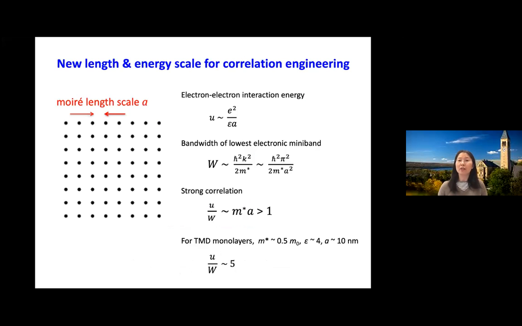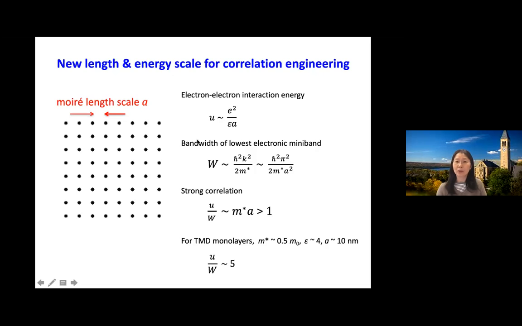The reason why Moire is a very interesting platform to study correlation physics is because it introduces new length and energy scales. On a dimensional analysis level, if we have the Moire lattice period on the order of A, then the interaction energy, not considering strong Moire potential yet, is inversely proportional to the distance.